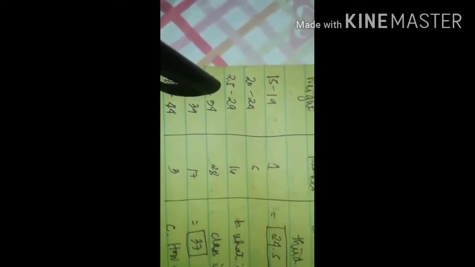What is the class boundary of the third class interval? The third class interval here is 25.4 to 29.2. For the lower limit, we subtract 0.5, and for the upper limit, we add 0.5. What is the class mark of the fifth class interval?